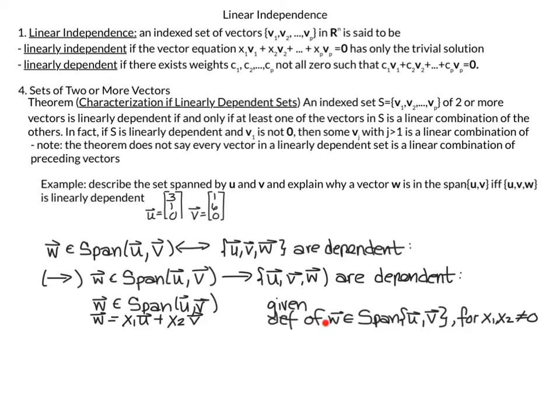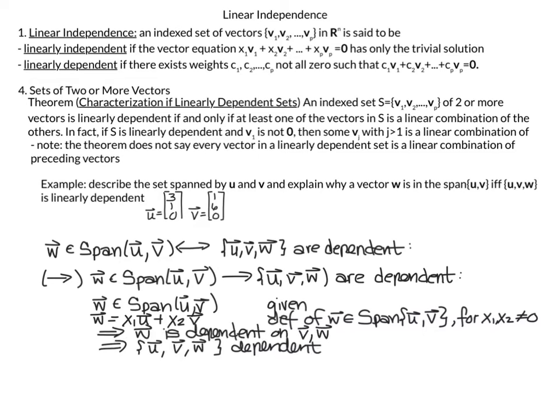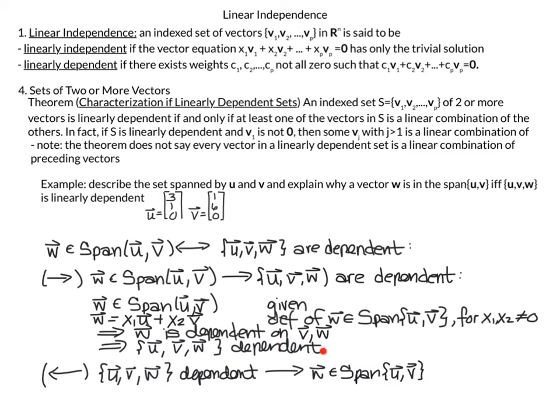That's just the definition of being in the span: w is a linear combination of u and v. This means w is dependent on u and v, which means u, v, and w is a linearly dependent set.